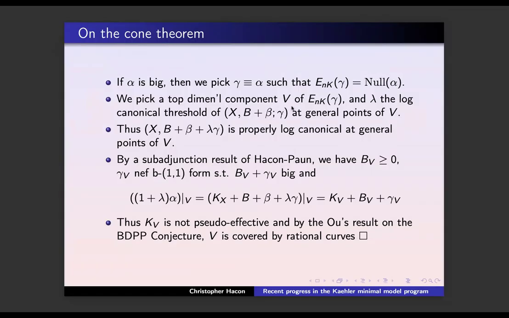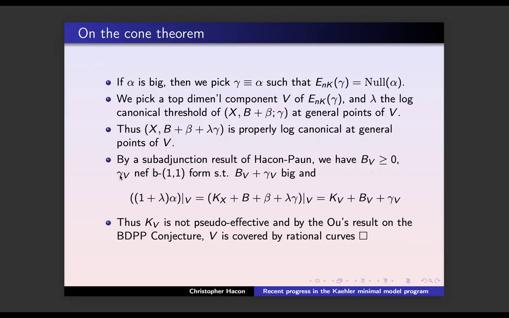Now I pick a top-dimensional component V of the singularities of this representative gamma, and I look at the corresponding log canonical threshold of the pair (X, B + beta) with respect to gamma at a general point of V. So when I add lambda gamma, I get a generalized pair which is properly log canonical at the general points of V.